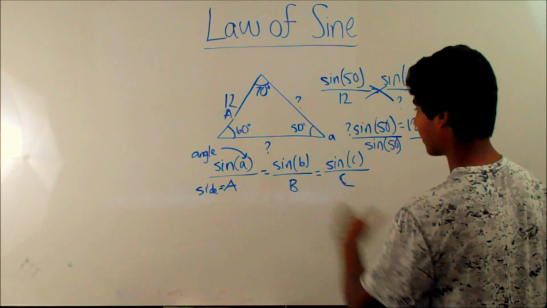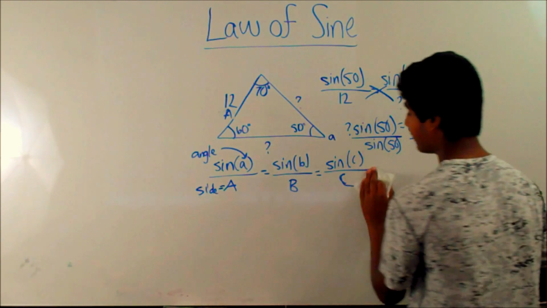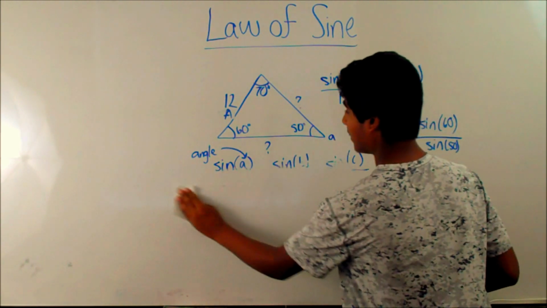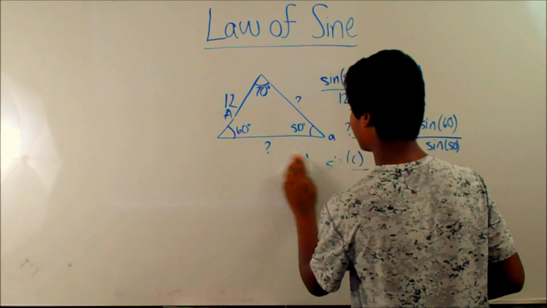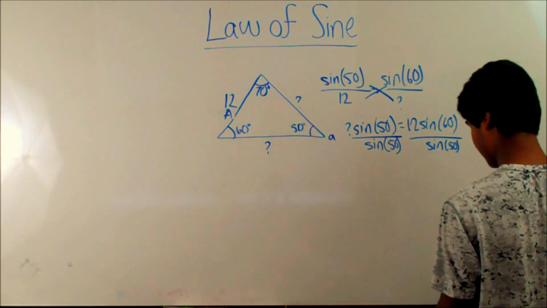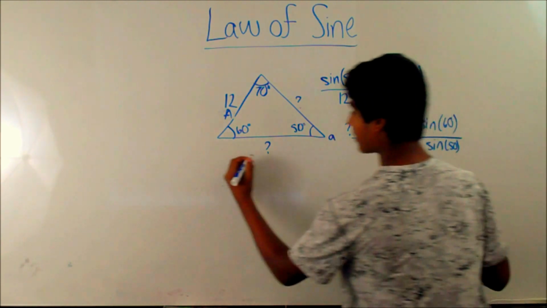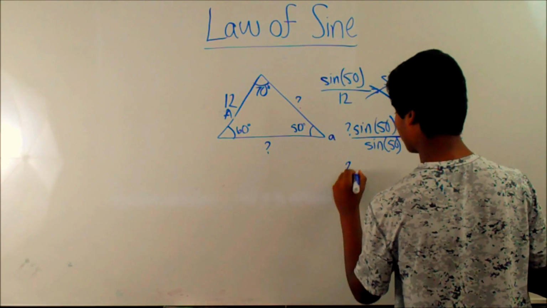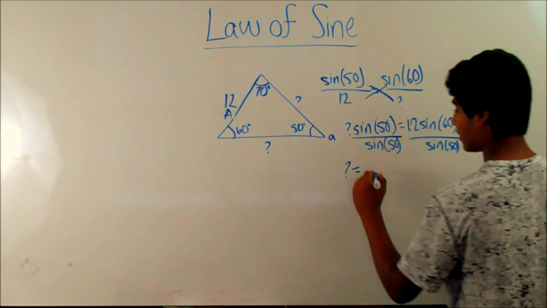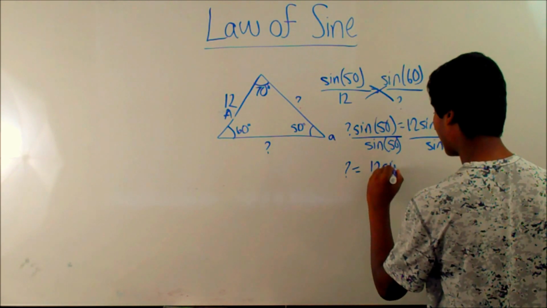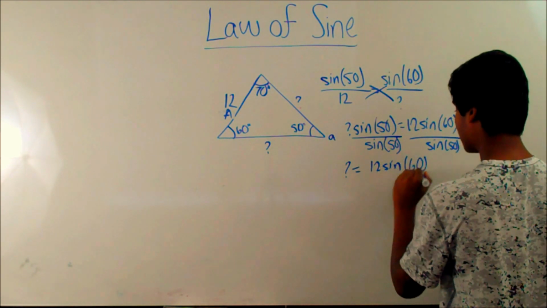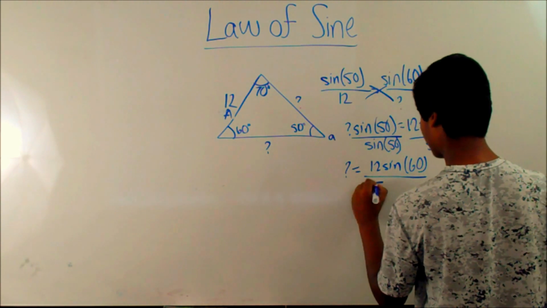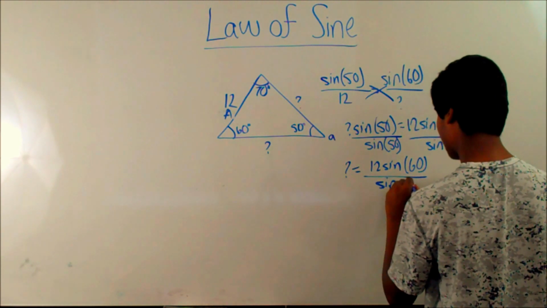So I'm just going to erase this because we do know what this is. So then we get question mark is equal to 12 sine of 60 over sine 50.